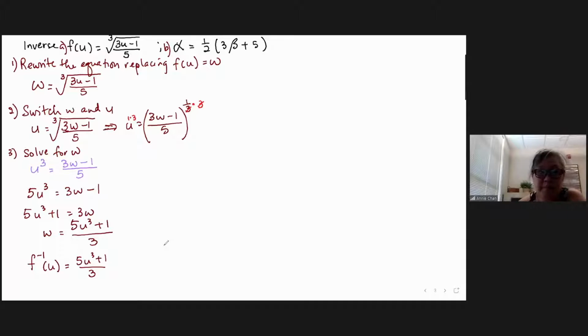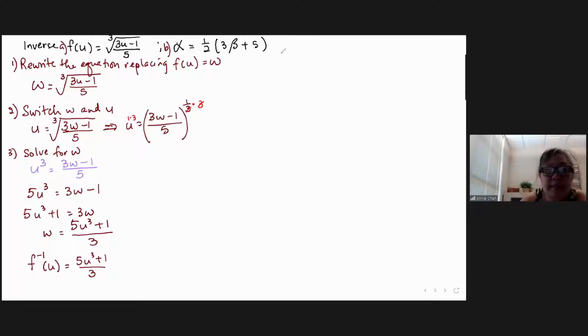Make sure the variable inside the parentheses is still u, because we solve for w. U is the input, w is the output.